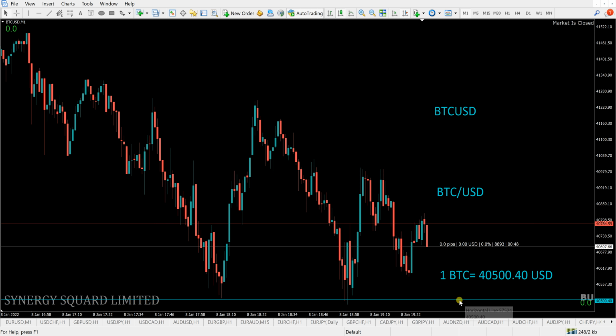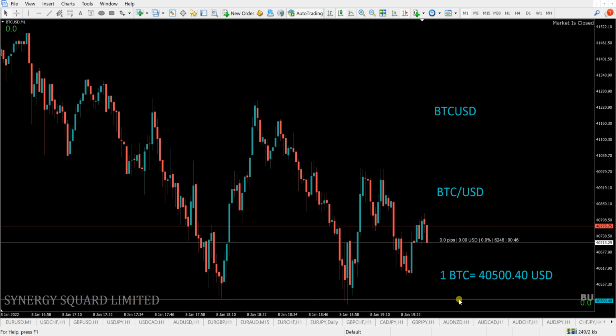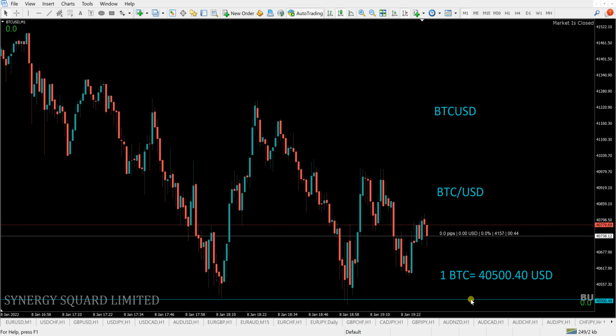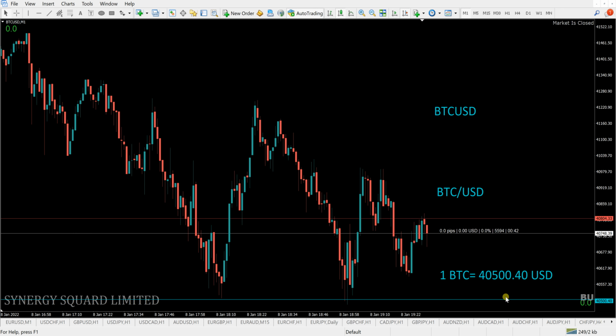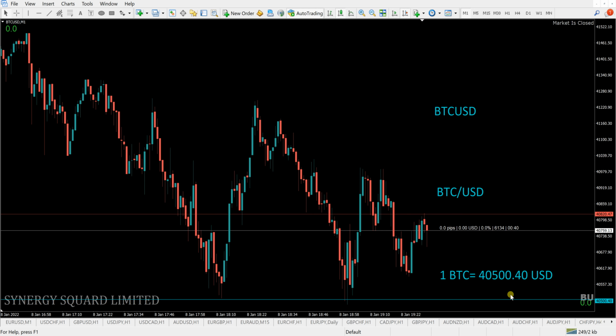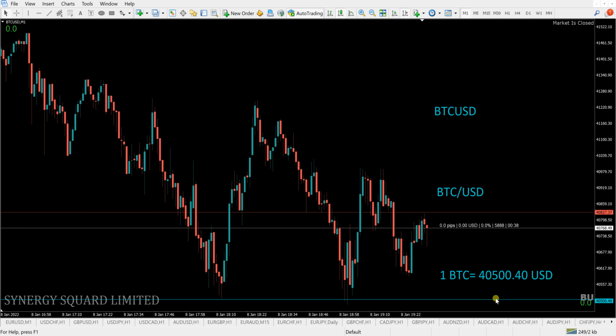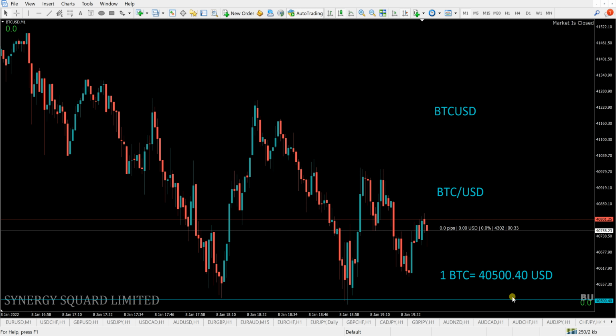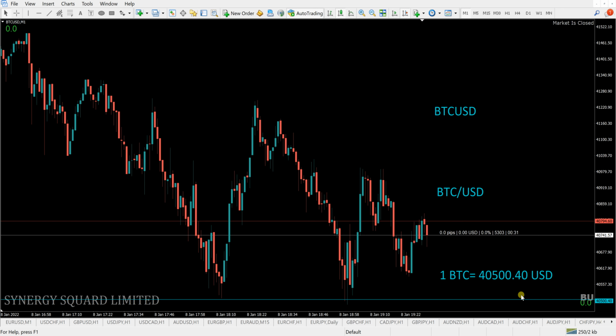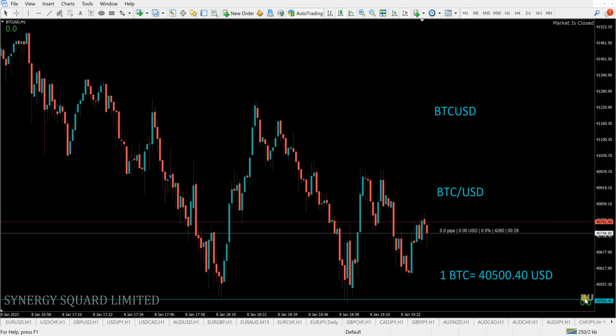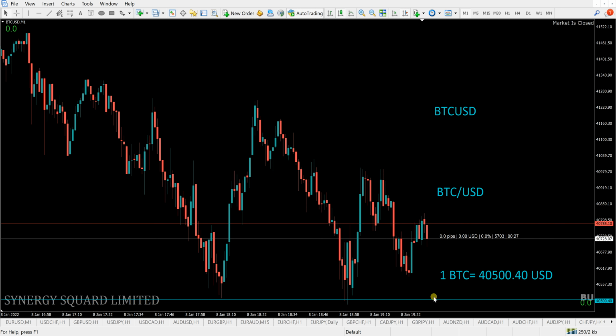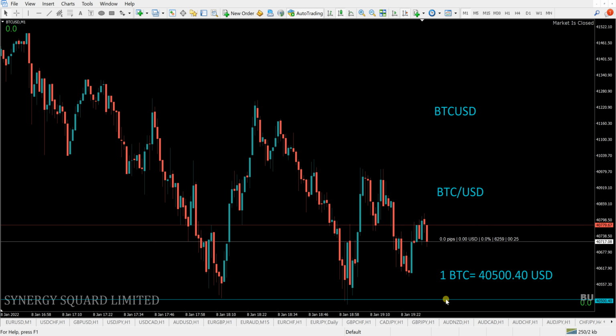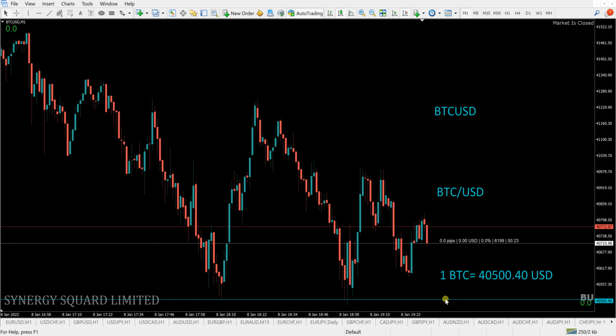By this horizontal line that I added here, which is 40,500.40, or we can say $40,500 and 40 cents, is needed at this very level to get 1 Bitcoin.